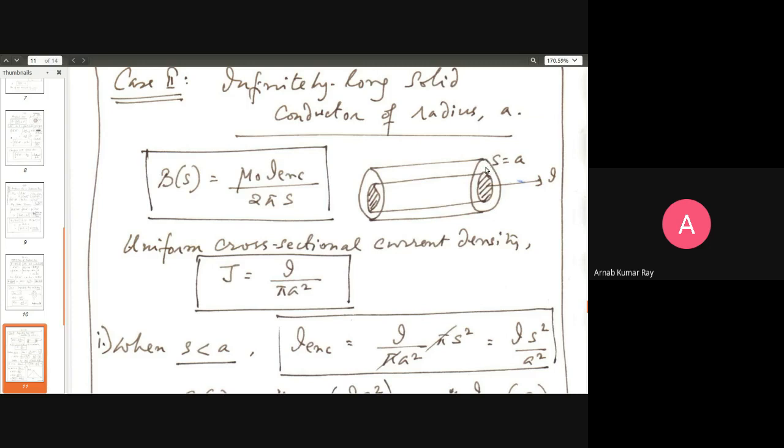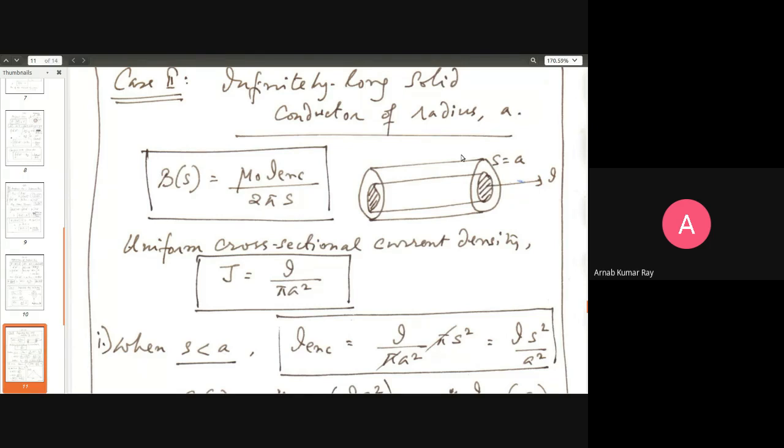The amount of current flowing per area through that will be the same as through any other area of the same size on the cross section. That would not have been true if you had more closed current lines here as compared to the outside, in which case the cross-sectional current density would be larger in the inner region as compared to the outer region.